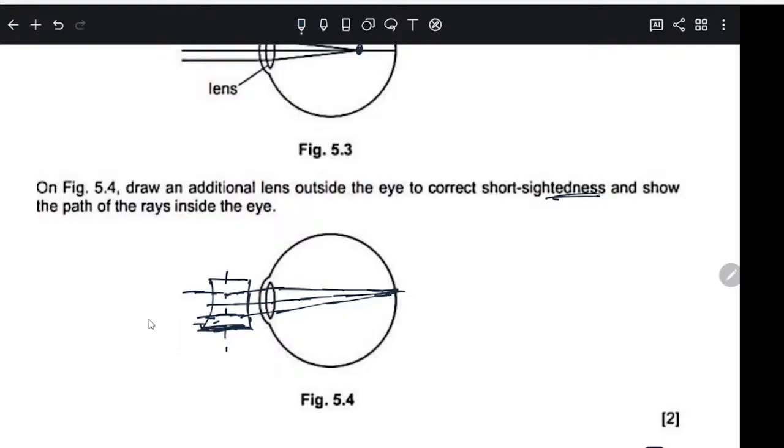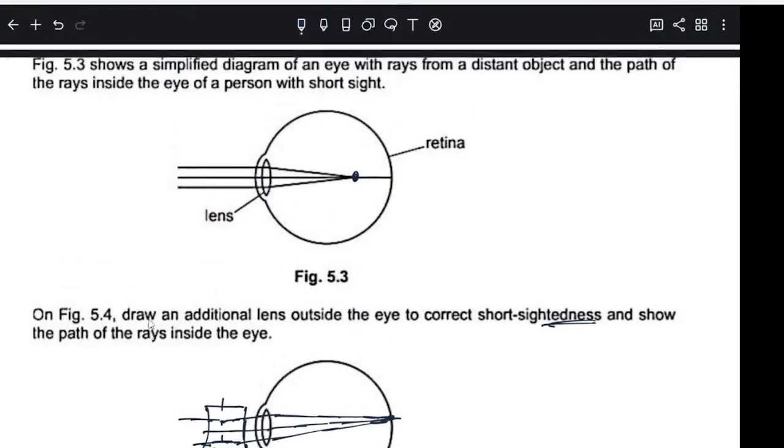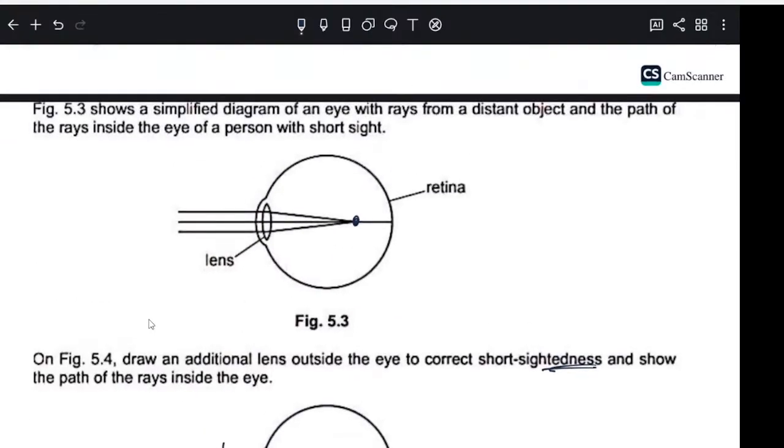This is how you correct short-sightedness. Then you get your 2 marks. Is this hard? There we go. Have you seen this? So questions to correct sight are simple, right?